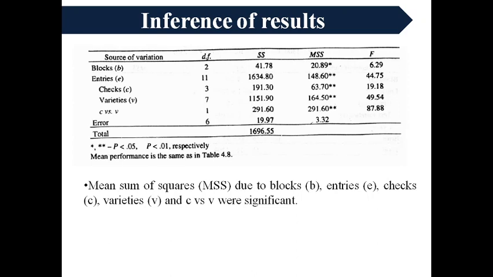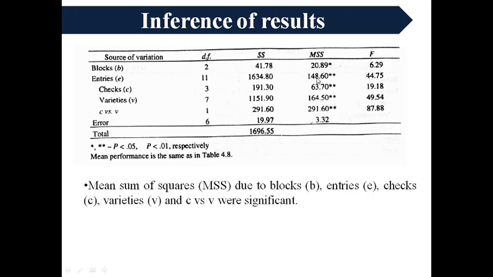So this is the ANOVA result. See here, what we got is blocks, and you have to see the MSS. Here we have blocks, entries, checks, varieties, checks versus varieties, and errors.